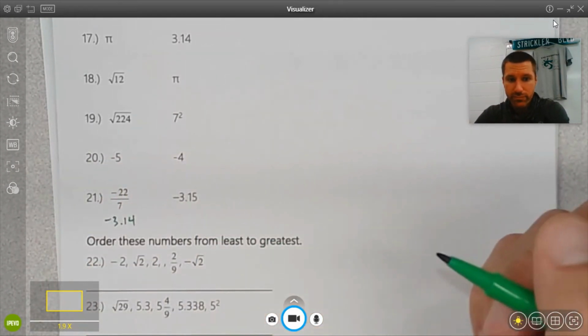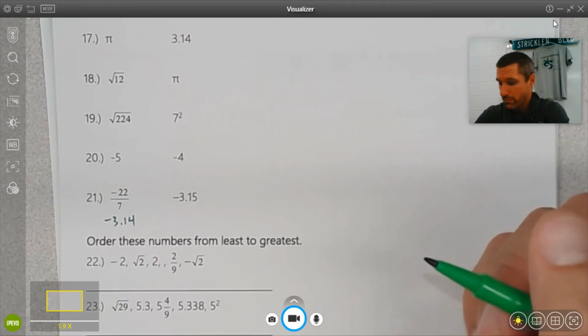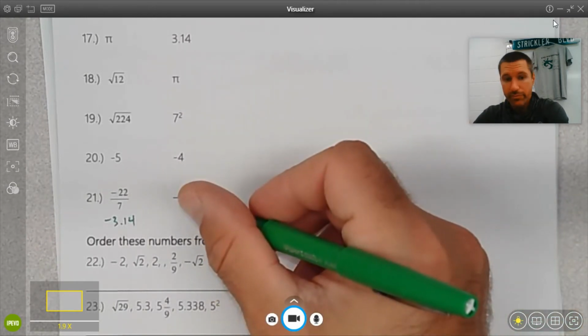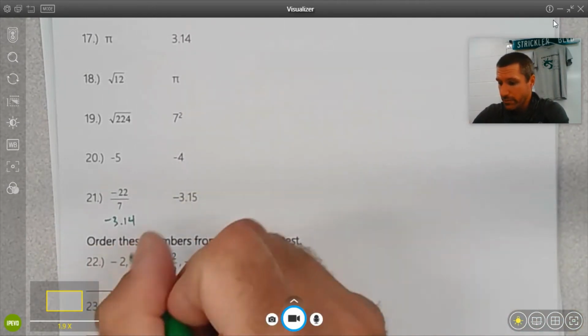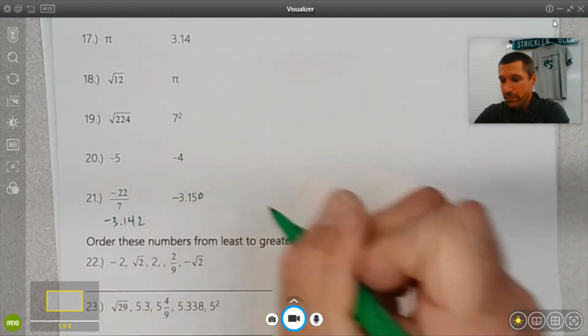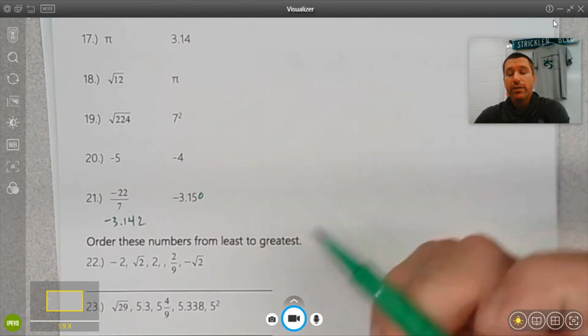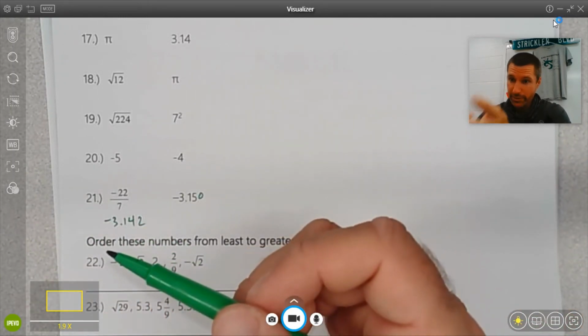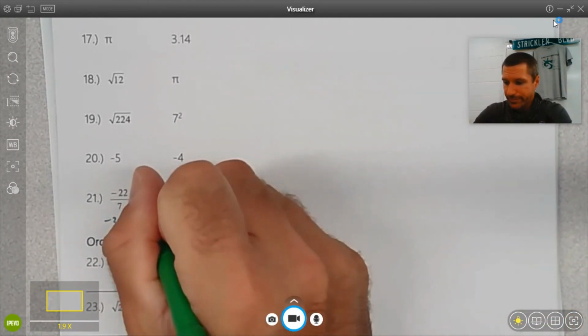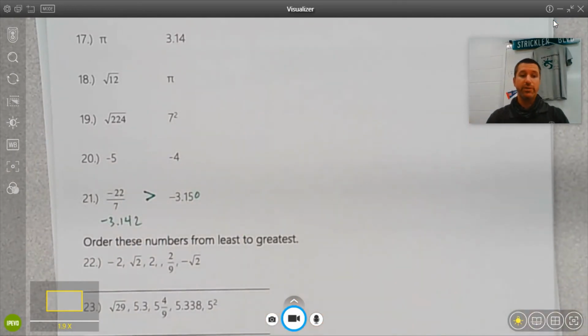Is that enough to go off of right there? I mean, here you got negative 3.15. The next digit is a 2. The next digit here would be a 0, just so you know. But that should have been enough to make your determination. The thing with negatives is the greater the negative, the less it is. So the lesser negative is greater.